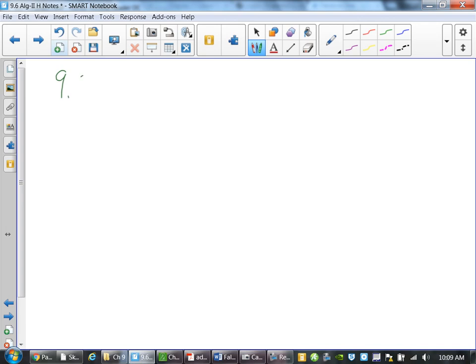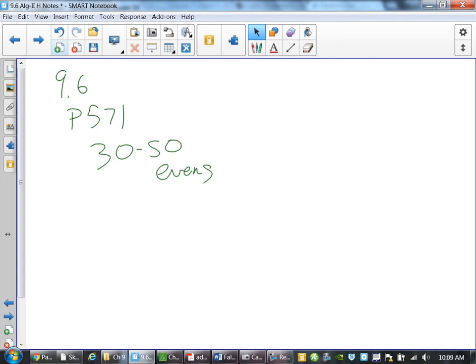In section 9.6, let's do these. Does it make sense? This starts on page 571.